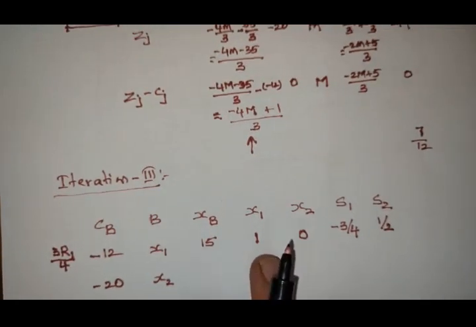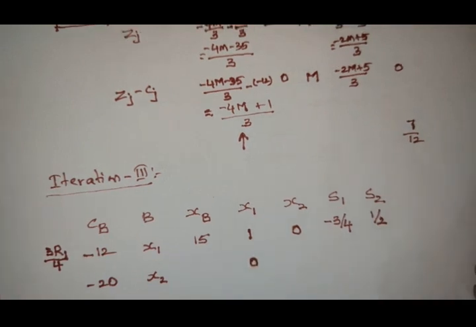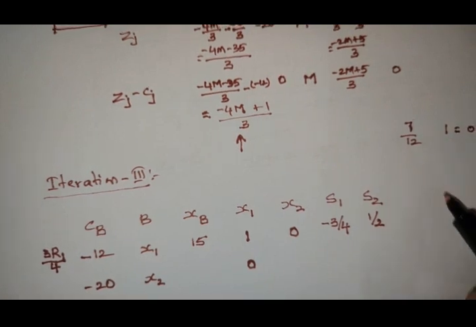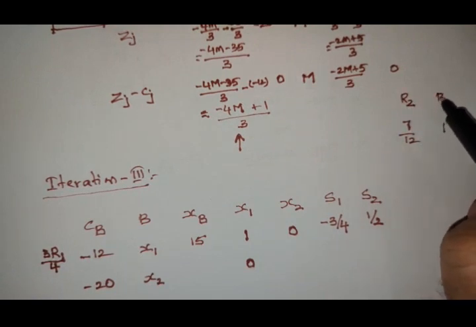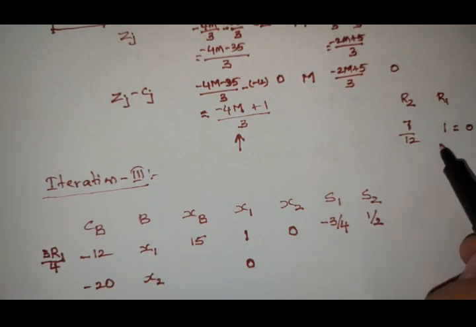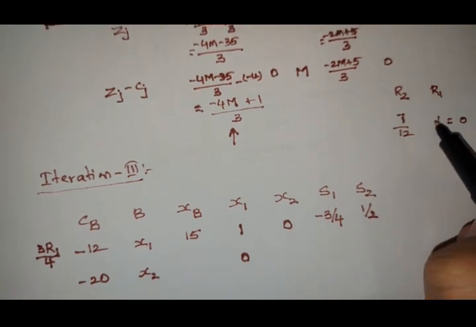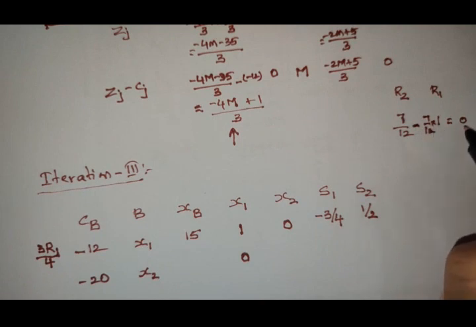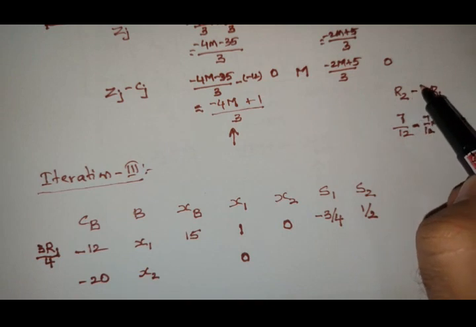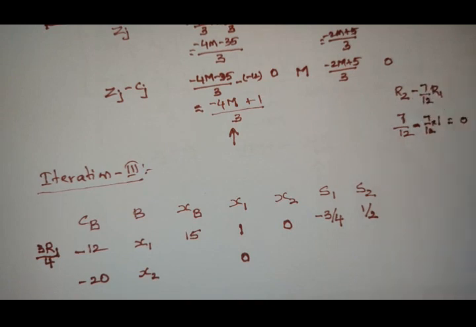In row 1 we are having 1, and I require 0. So this one is row 2 and this one is row 1. If I require 0, first I should multiply row 1 with 7 by 12, then make it minus. So 7 by 12 minus 7 by 12, 0. That means r2 minus 7 by 12 into r1.